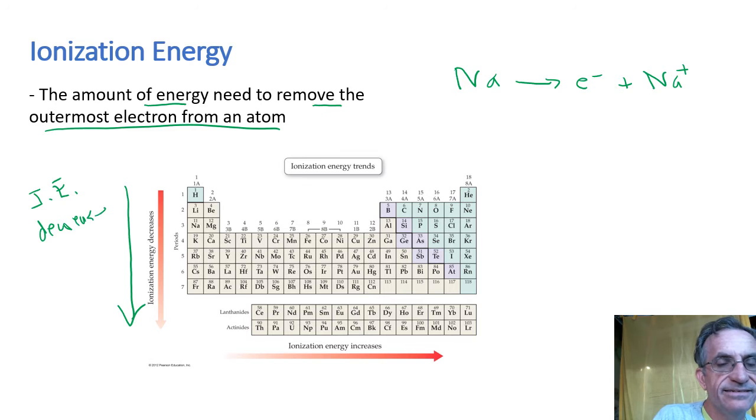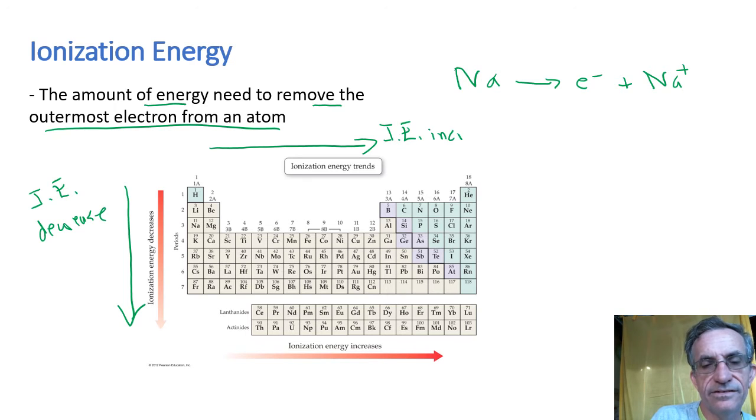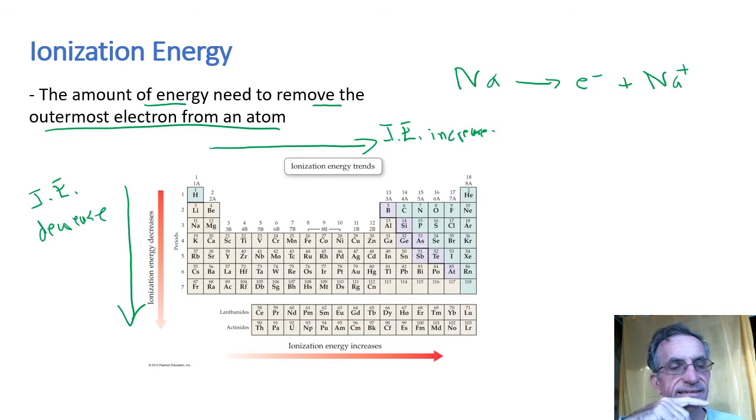And as you go across, it actually gets harder to remove an electron. Ionization energy increases. I guess it says it on the chart, but I'm just rewriting it to make sure. So the pattern is it gets easier going down and harder going across the periodic table. All right, one last pattern.